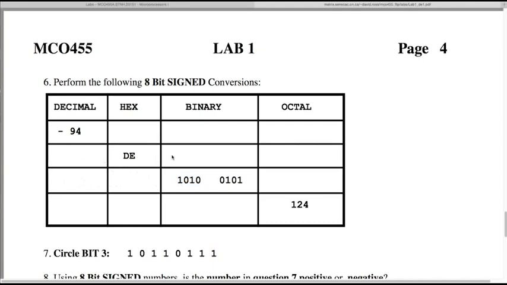In fact, DE starts with a 1, so that will be negative. But when you do this one here, 124, that's a 0, 1, right? And the 0 means that it is in the positive range, and you do not subtract 256. So this one will be positive, and these three will indeed be negative. So make sure you take that into account when you're filling in this chart.